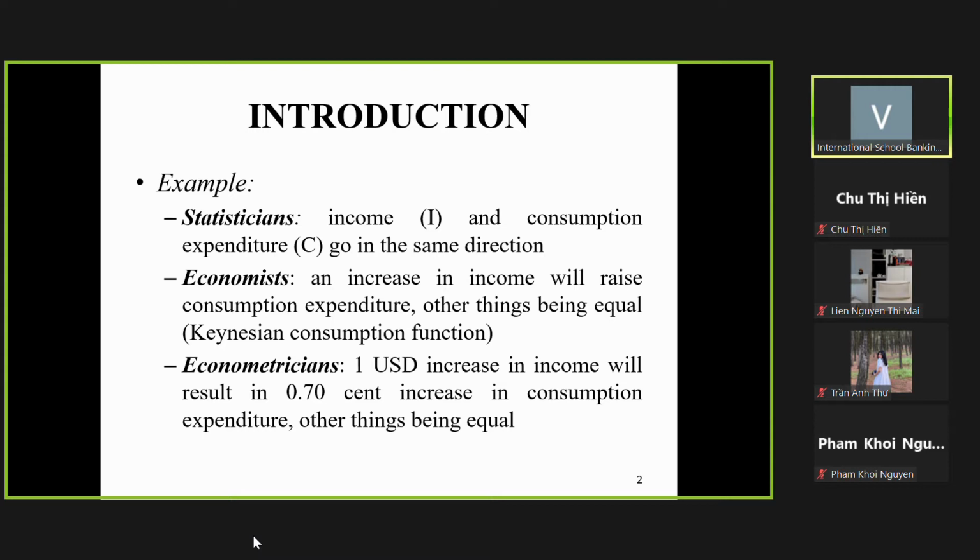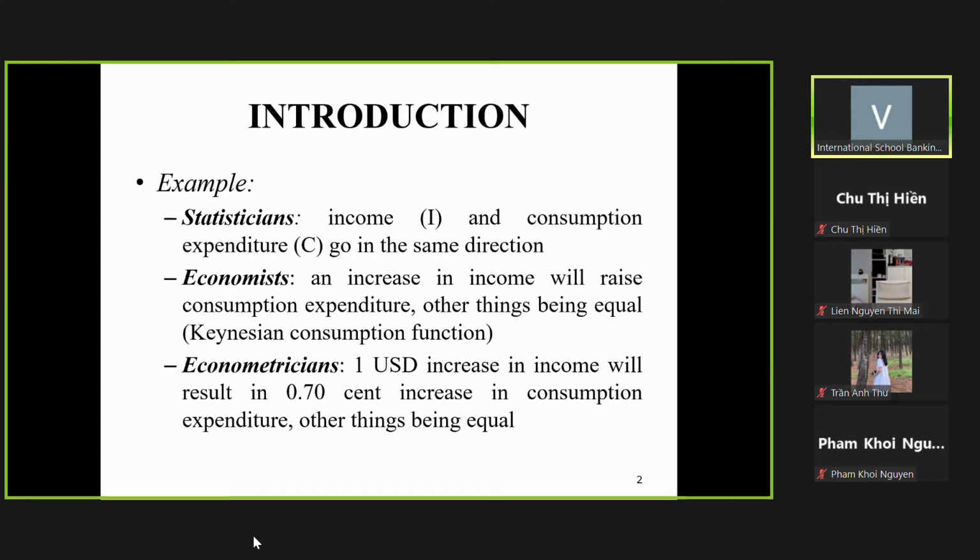The second method is to calculate the correlation coefficient. If the correlation coefficient is greater than 0, that means they have a positive relationship. So this is in statistics when we want to analyze two variables. Normally we want to see if these two variables have a relationship or not.